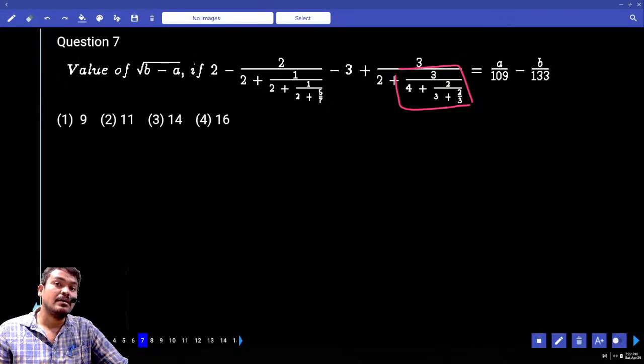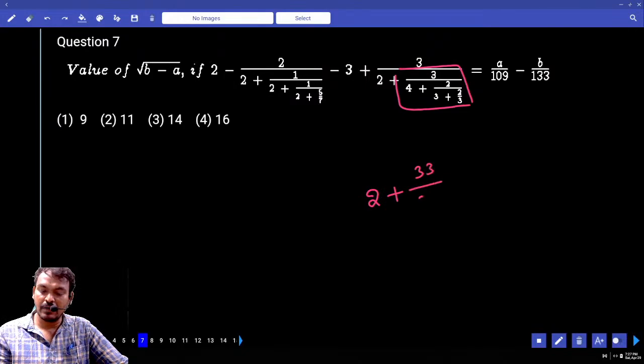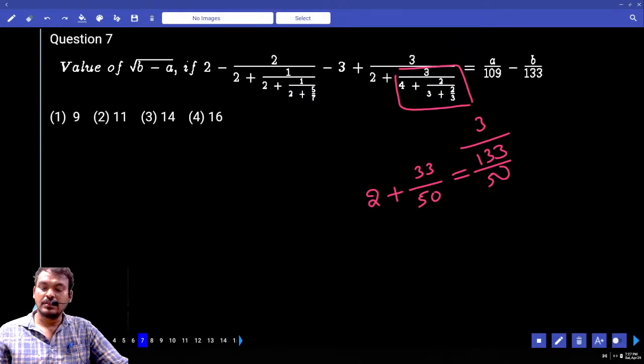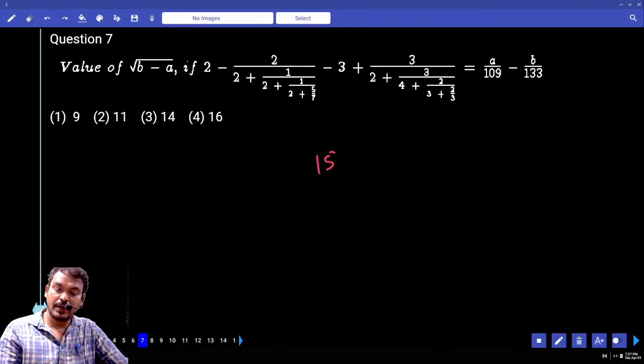33 by 50. 2 plus 33 by 50, 2 times 50 is 100, plus 33, 133 by how much value? 50. Means entire denominator value we are getting 133 by 50. Already numerator 3. 3 into 50, 150. 150 by 133.